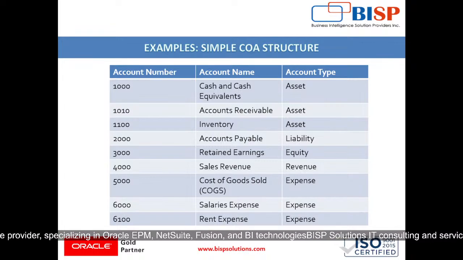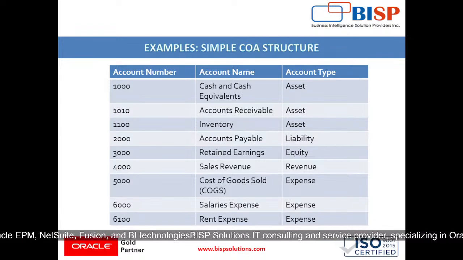So for account name cash and cash equivalents, which is an asset, we will be providing account number 1000, and accounts receivable we will be marking as account number 1010, which is also an asset type, and inventory we will be mentioning as 1100, which is an asset only.